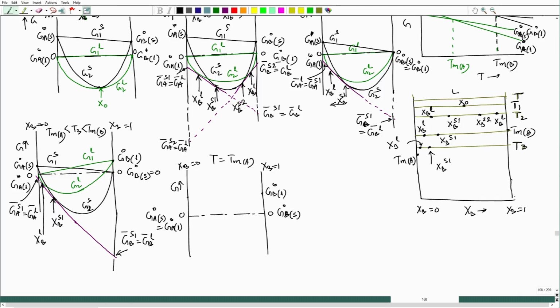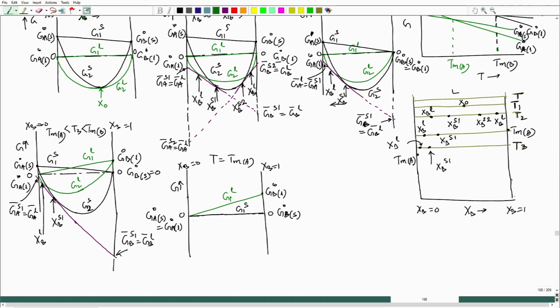Okay. Now, the liquid line would be this one and the solid line would be this for the G1. This is G1 solid, this is G1 liquid.